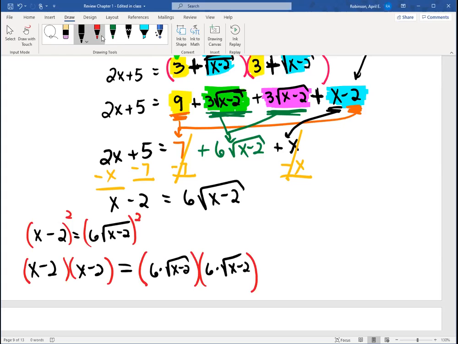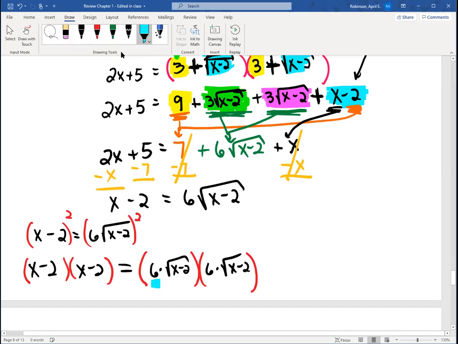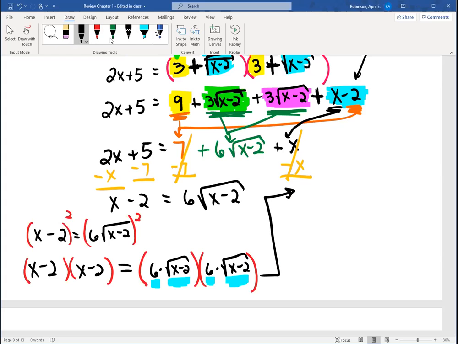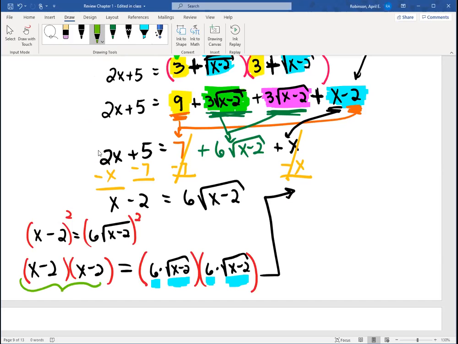Let's see, I have a 6 times a square root of x minus 2 times a 6 times a square root of x minus 2. This is all multiplication, and so I can multiply those in any order that I want. On the left side, I'm going to have to FOIL this out right here. So first times first is x squared.